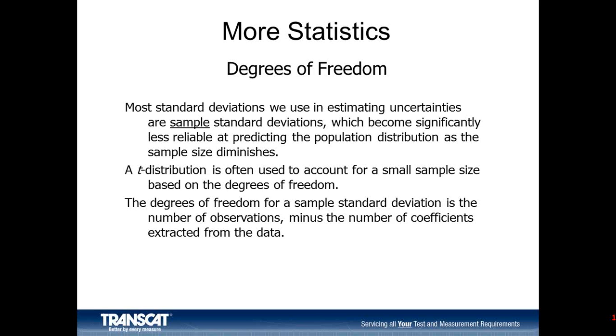And it's a correction that we apply based on the sample size, actually the degrees of freedom. And the degrees of freedom is really fairly simple. It's the number of observations minus the number of coefficients that we take from that data set.